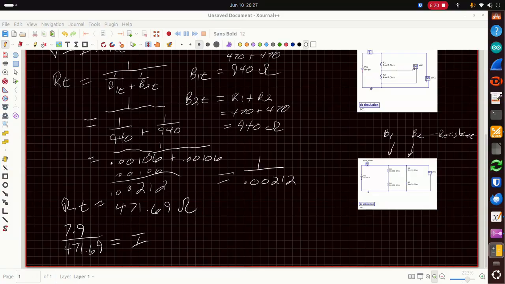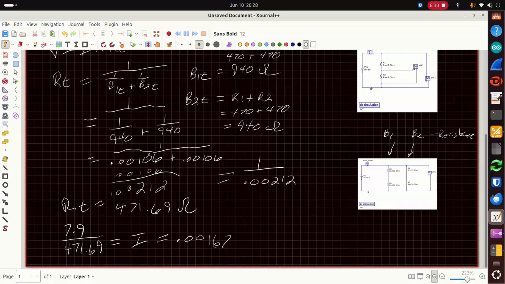Hey, in the next step, I add one too many zeros, so it should be 0.0167 and not 0.00167. So the math is correct in that it is 16.7 milliamps, but I just made a mistake with too many zeros.